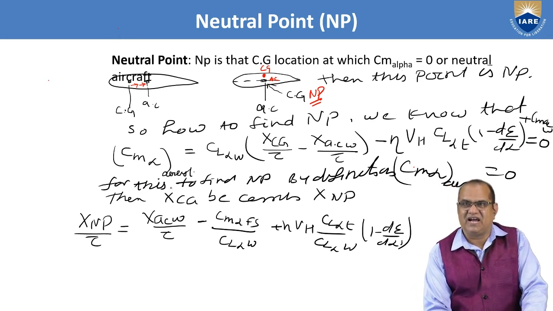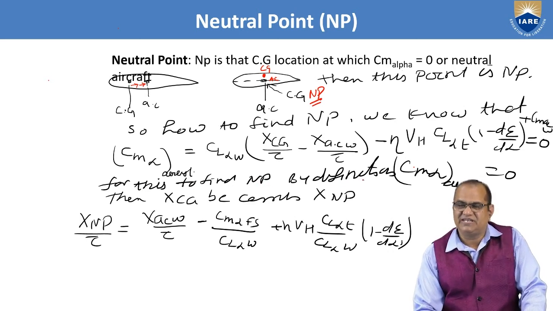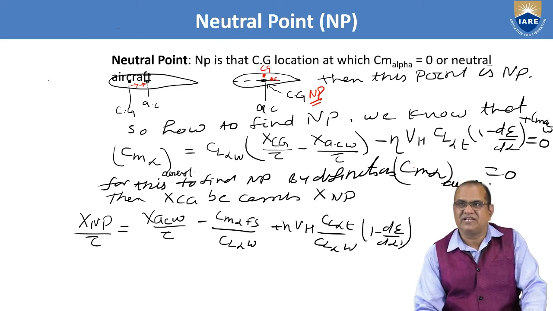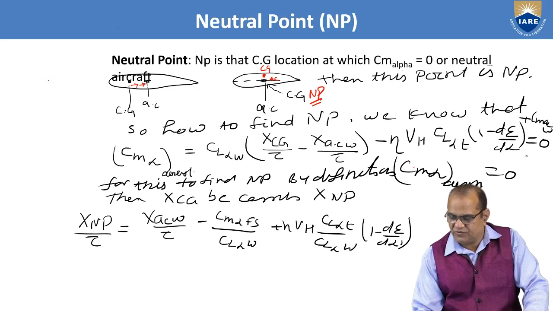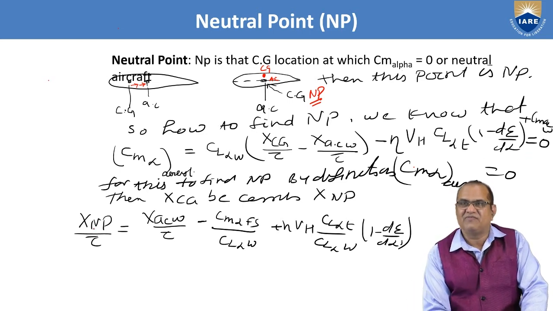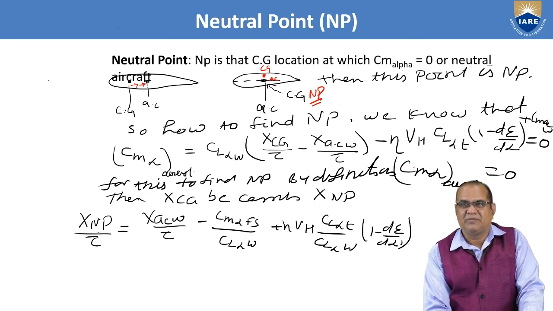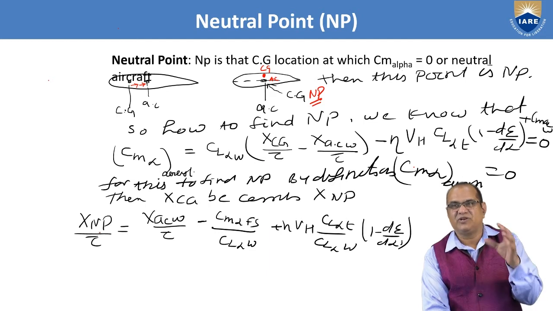For this aircraft, to find the neutral point, by definition, CM alpha should be 0. So we have to make this equation 0. If we make it 0, then XCG will become XNP, because CG and AC are the same. So in place of CG, we will write NP.